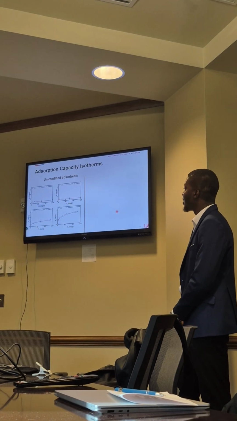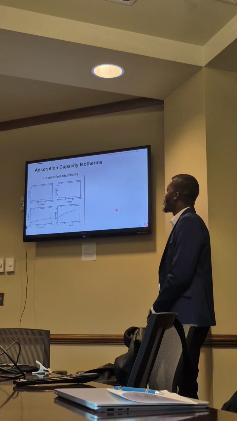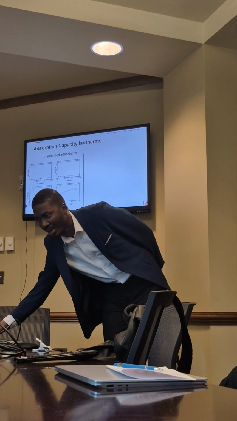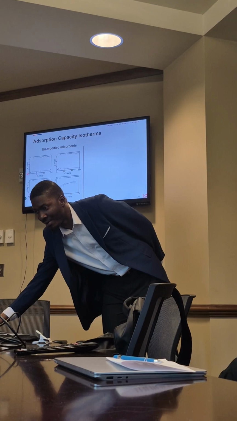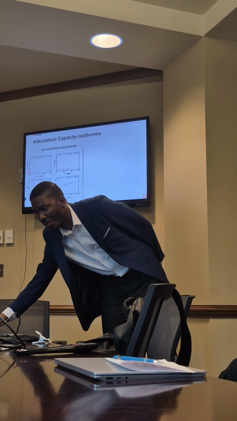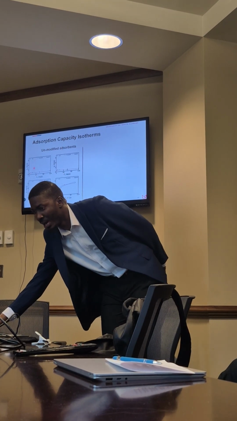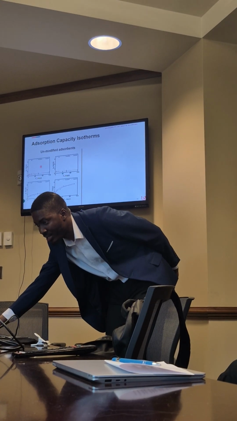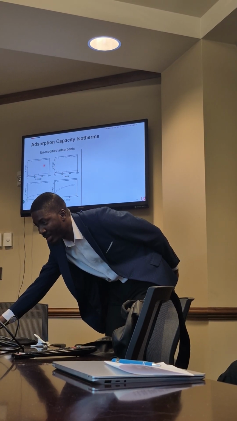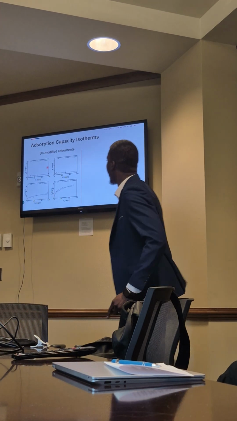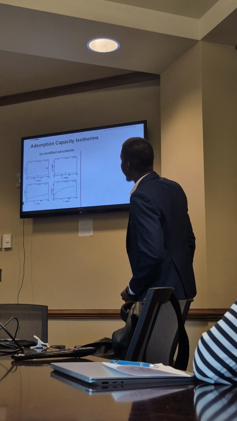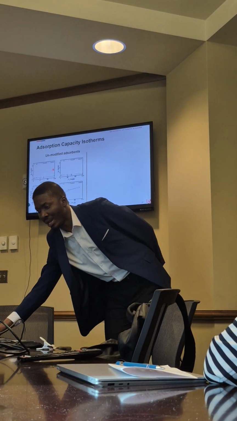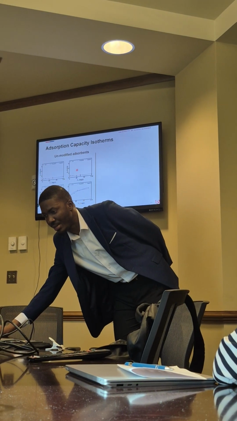For our adsorption capacity, for our unmodified adsorbents, we have our equilibrium concentration on our x-axis, and our capacity on our y-axis. Starting with biochar, which is characterized by black data points, the blue is our Freundlich model, the red is our Langmuir model. We can see that there was an overlap between both models. We also had an overlap between the models for AB.